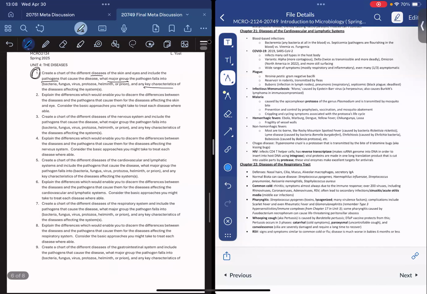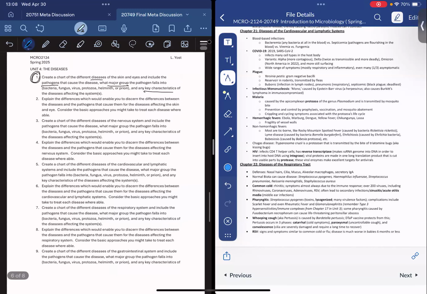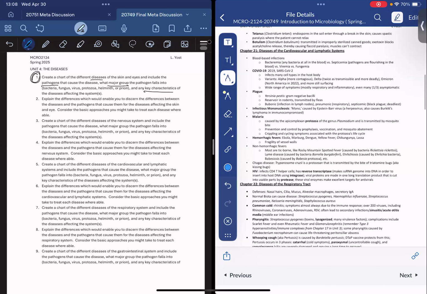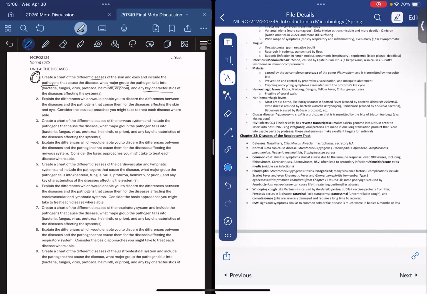Because this unit, even though we cover a lot of stuff in it, is going to be used for the other questions. So on the exam, when I ask you a question, you are doing a gram stain, and the gram stain shows gram-negative diplococci. So let me pull this up here.